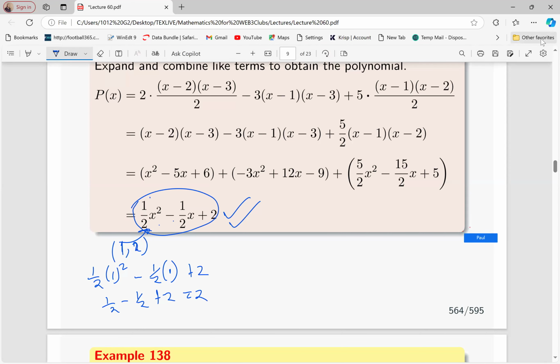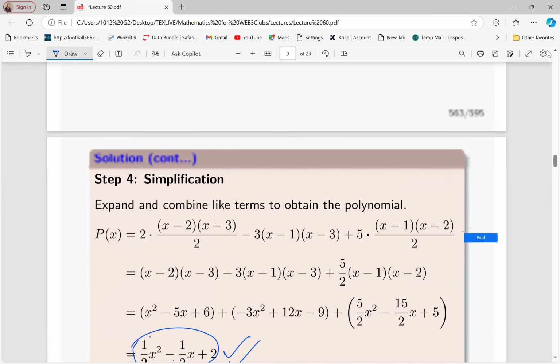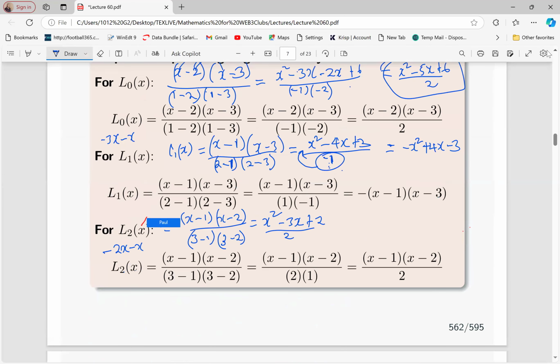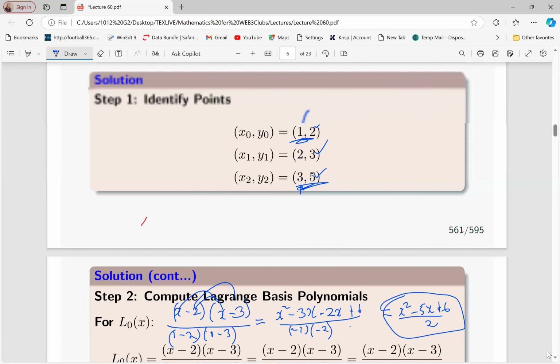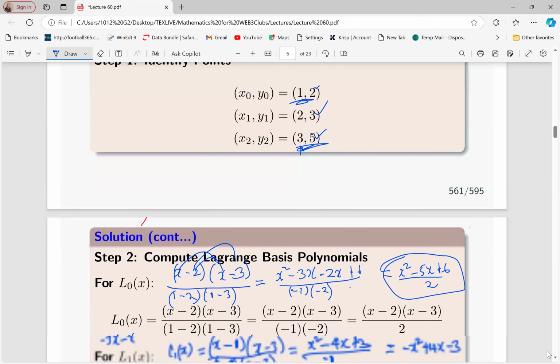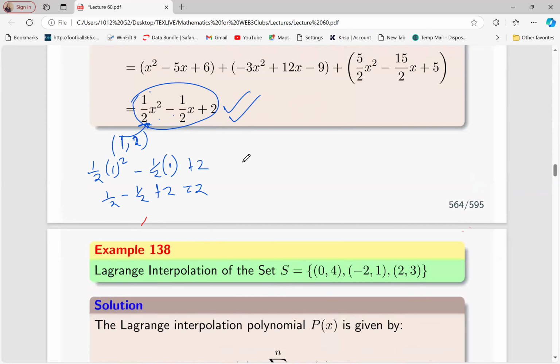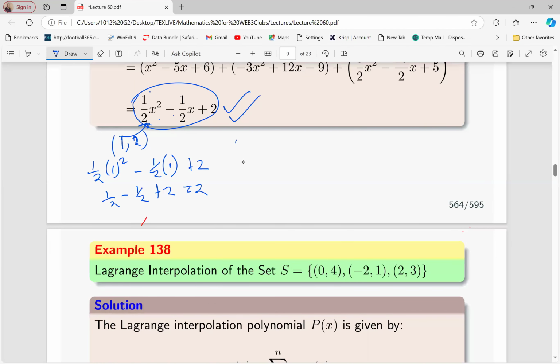Let's try the other point and see. The other point is 2, 3. When the x value is 2, we're supposed to get the y value as 3.